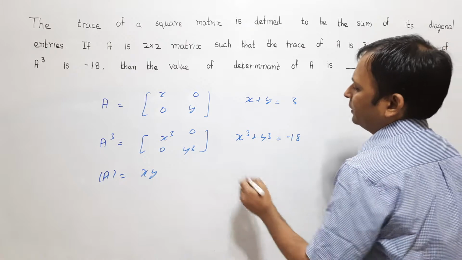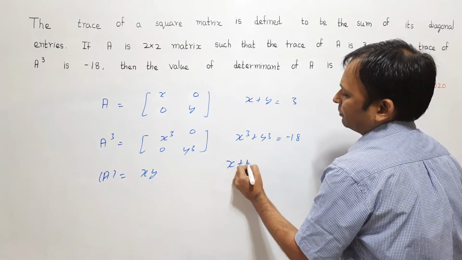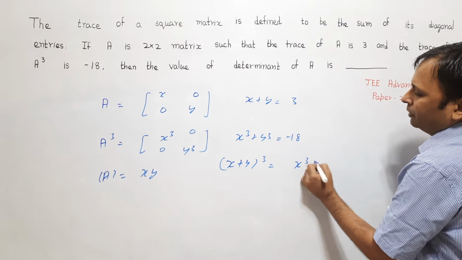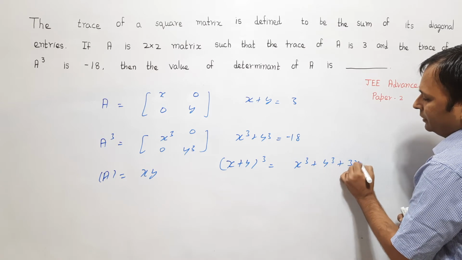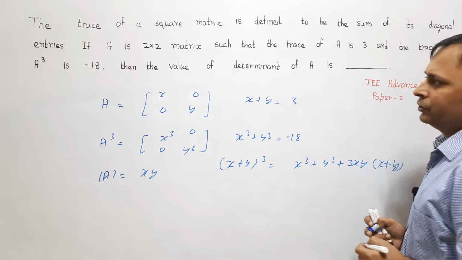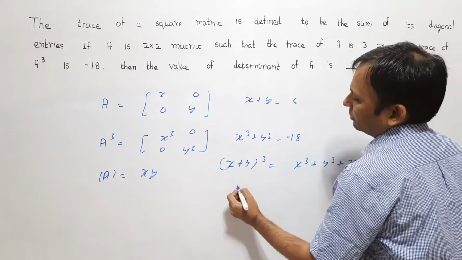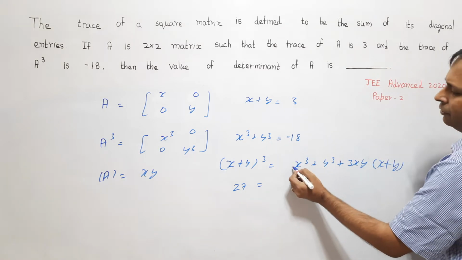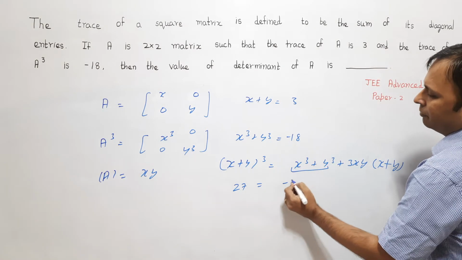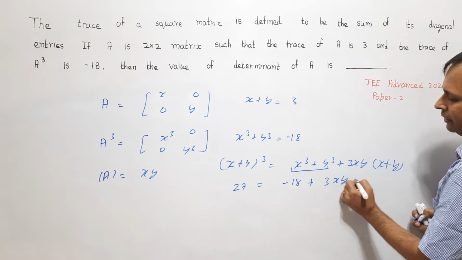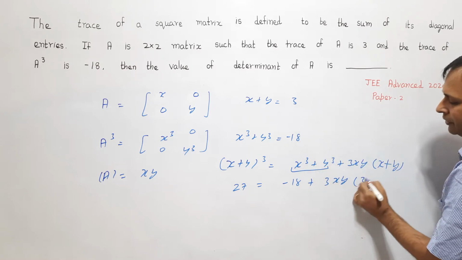I will simply take the calculation: x plus y whole cube is equal to x cube plus y cube plus 3 into x into y into x plus y. So x plus y whole cube is 27, 3 cube; x cube plus y cube is given to us as minus 18; 3 into xy is what I need to find out; and x plus y is equal to 3.